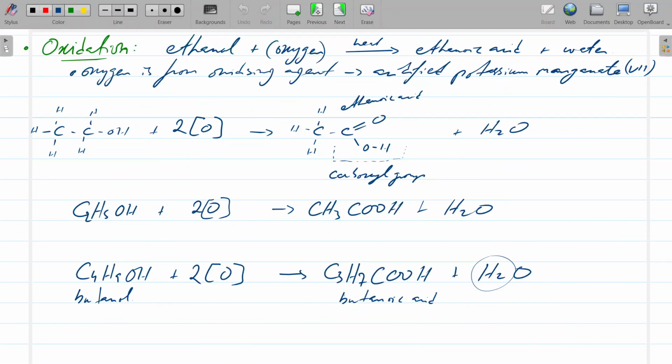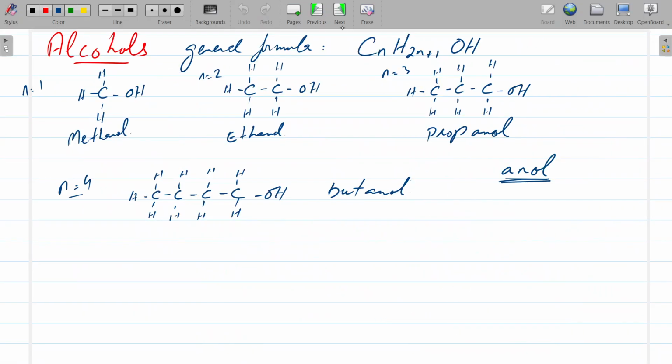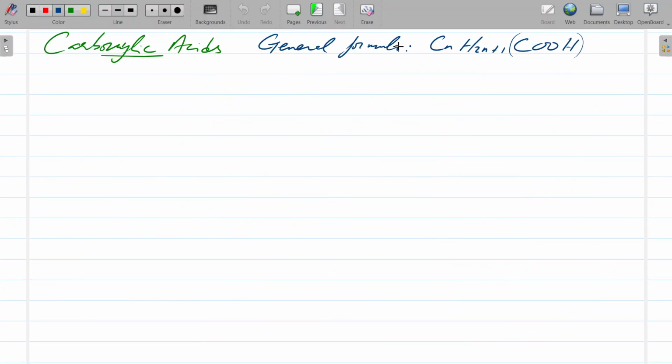In the case of alcohols, the functional group didn't have a carbon in it, and so all the carbons went here. The thing to keep in mind is that the carbon in the functional group also counts towards the total number of carbons in the molecule.